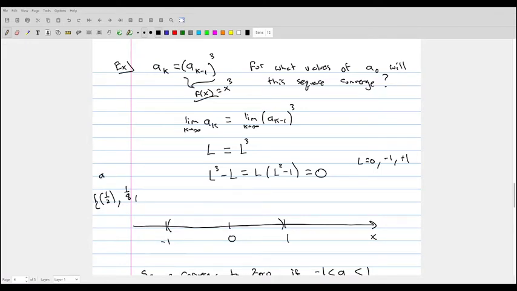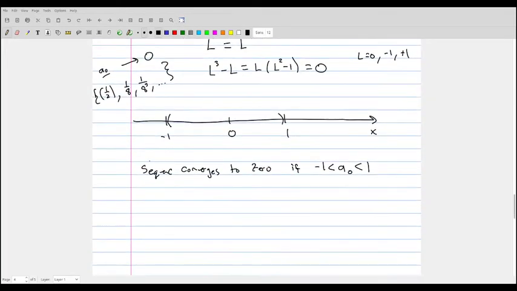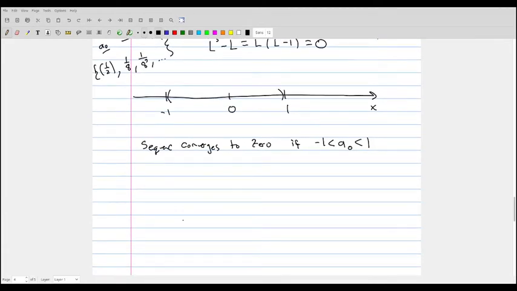So if your initial value is 1/2, 1/2 cubed is going to be 1/8, and then this value cubed is going to be 1/8 cubed, and so on and so forth. You see that the denominator is getting larger and larger. So this sequence is definitely going to 0. And that's true for any value in between -1 and 1.